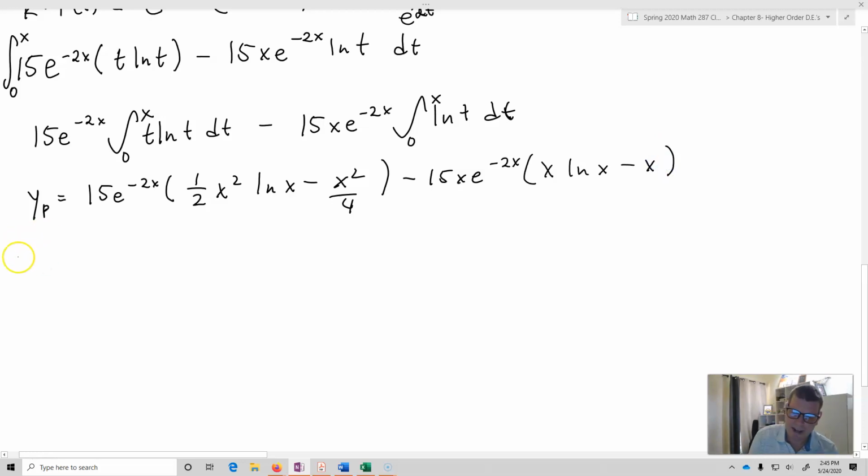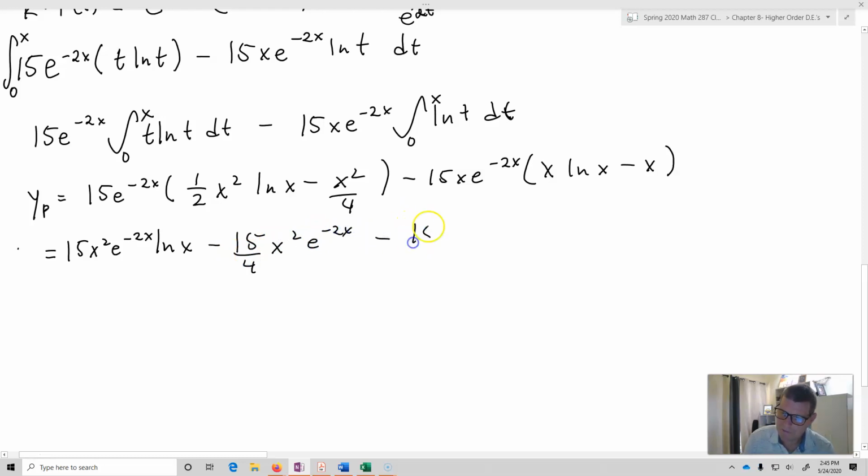And then if we simplify that, our yp is going to equal 15/2 x squared e to the negative 2x ln of x, minus 15 over 4 x squared e to the negative 2x, minus 15 x squared e to the negative 2x ln of x, plus 15 x squared e to the negative 2x.